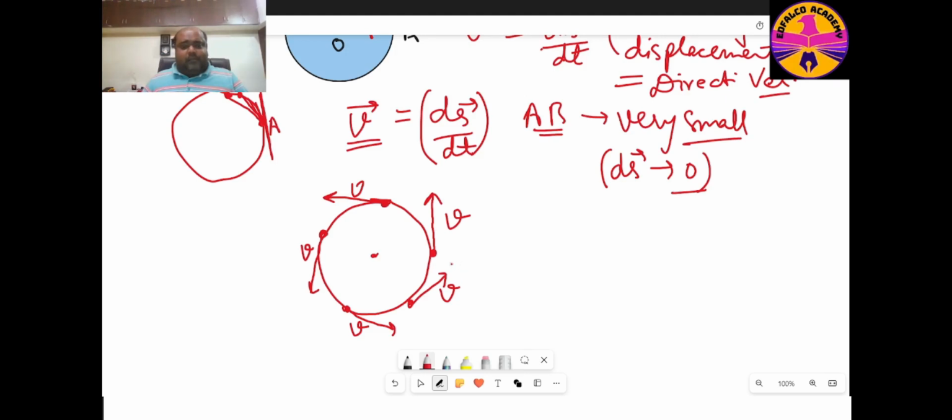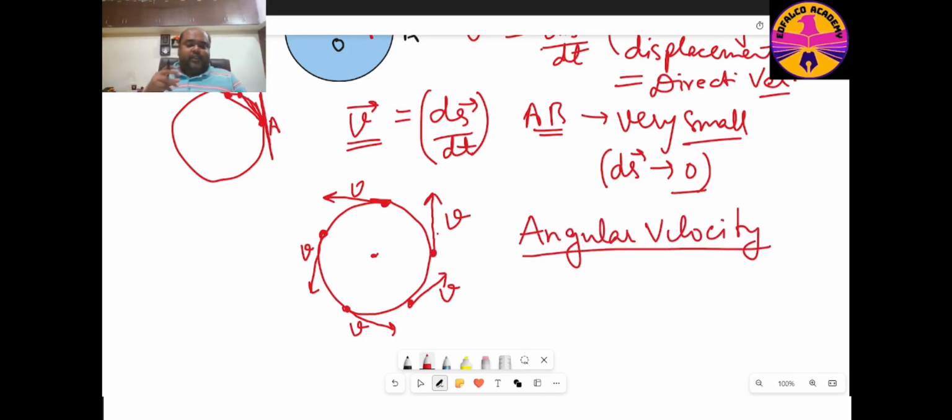Now there is another important variable that we should understand, which is called angular velocity. So far, you have studied that if a body is doing some displacement over a certain period of time, then we call it velocity.